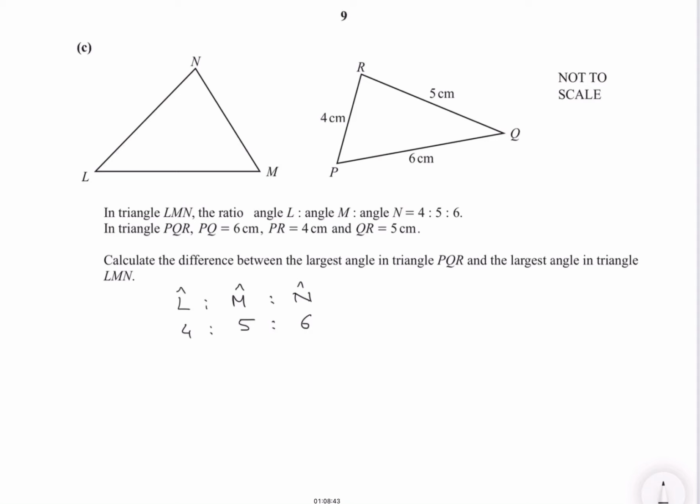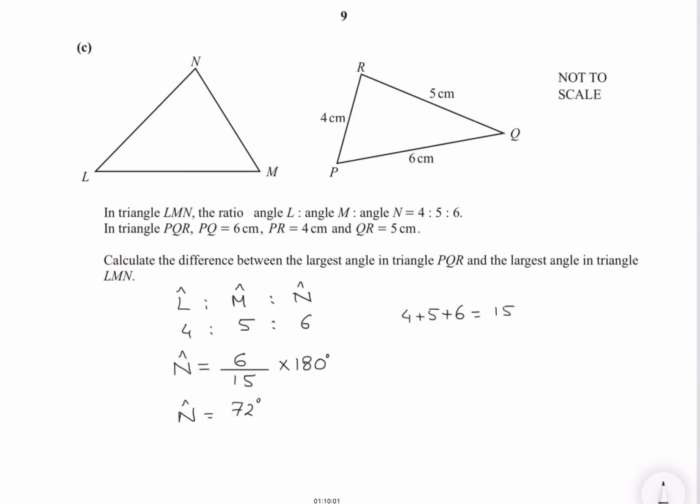The ratios are given in LMN, so add all the ratios, 15. So the largest ratio is 6, so 6 over 15 into 180, because the three angles sum up to 180, simplified.